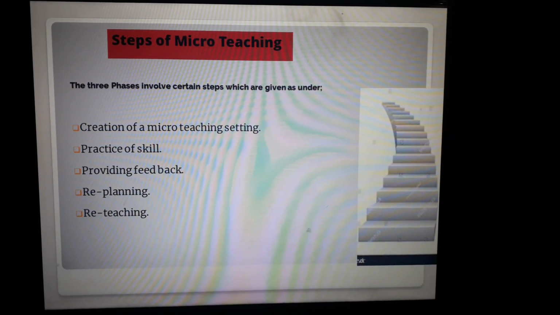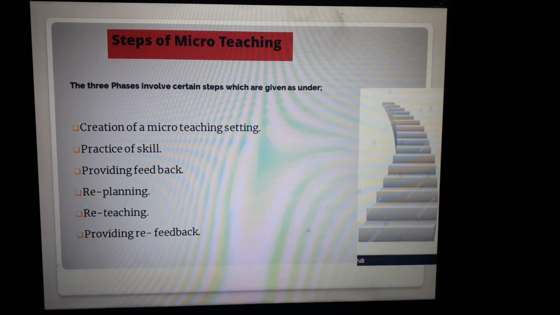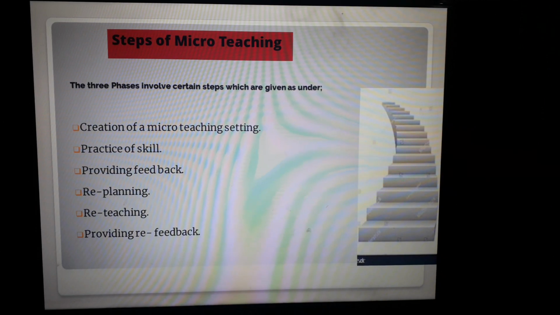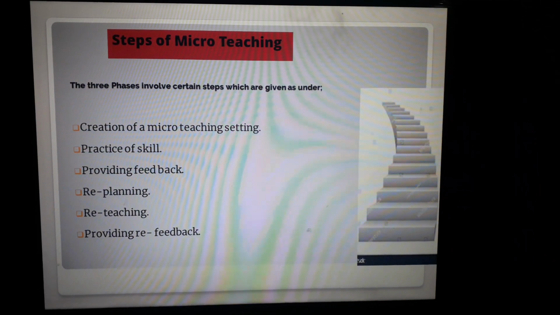After replan, trainee teacher will reteach, and he or she will get 6 minutes for reteaching. Then providing refeedback. After completion of reteaching, observer will give refeedback whether it was right or wrong.